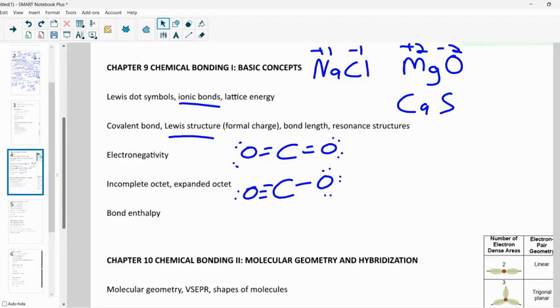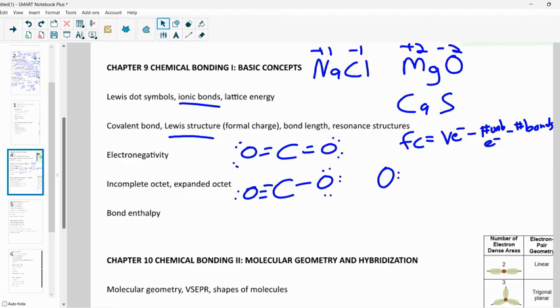All right, how do we calculate formal charge? Formal charge is equal to valence electrons minus number of unbonded electrons minus the number of bonds. So if we do it for this top one here, both oxygens are the same.